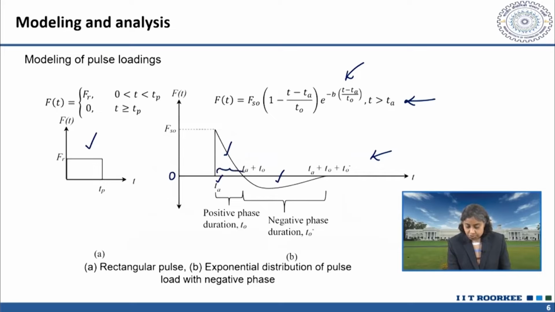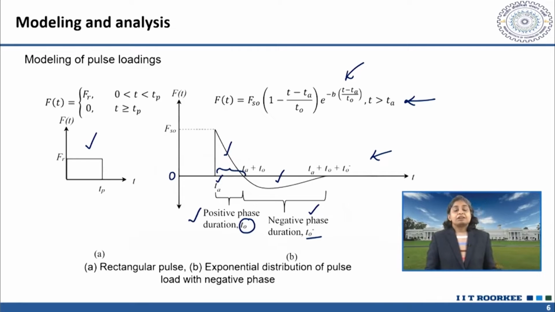From this to this, we have the positive phase duration which is given by T naught. Then we have the negative phase duration which is given by T naught minus. So, this is how the two different types of pulse loadings are being modeled.